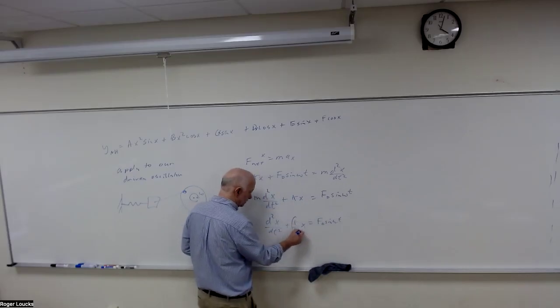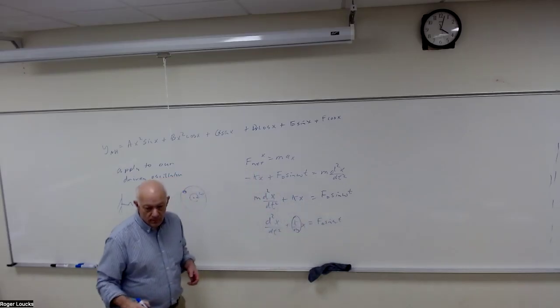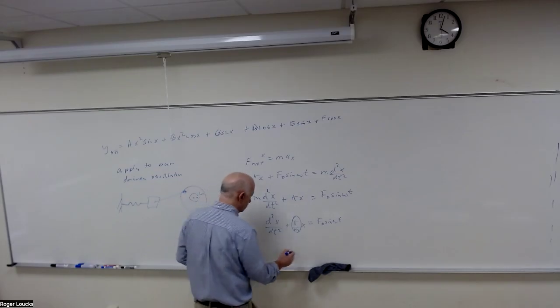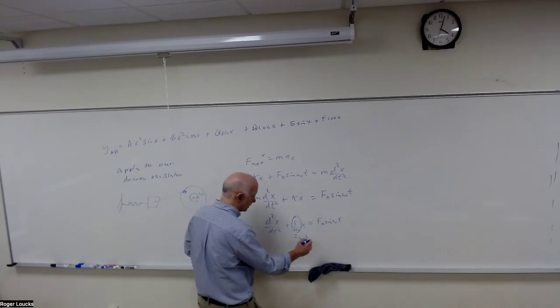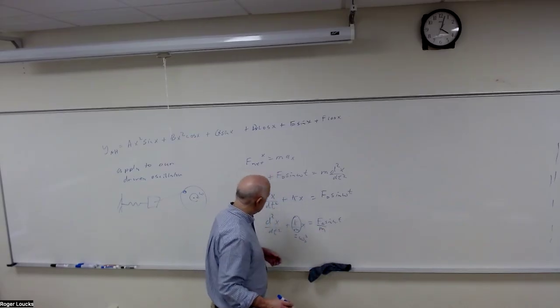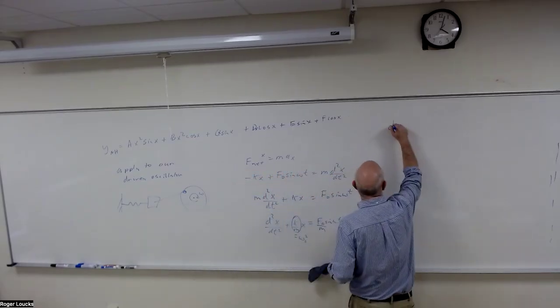Okay, what is this? This is our omega naught squared. You do this, I get this equation.